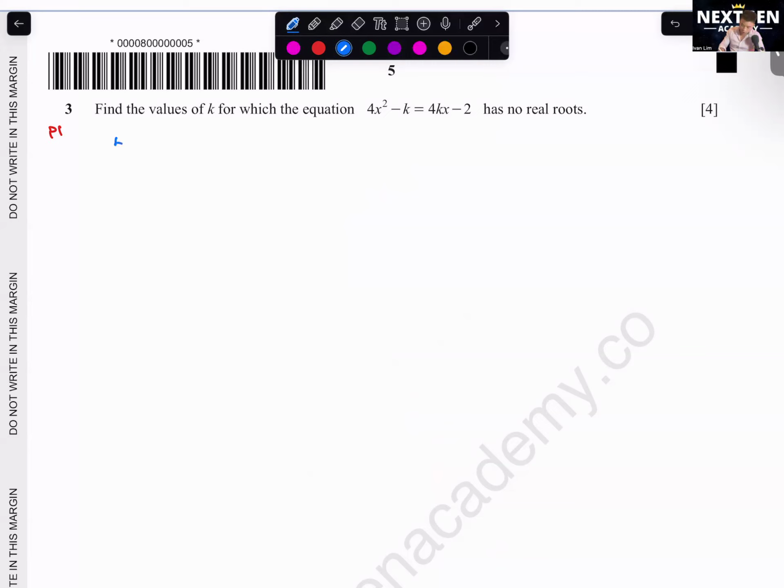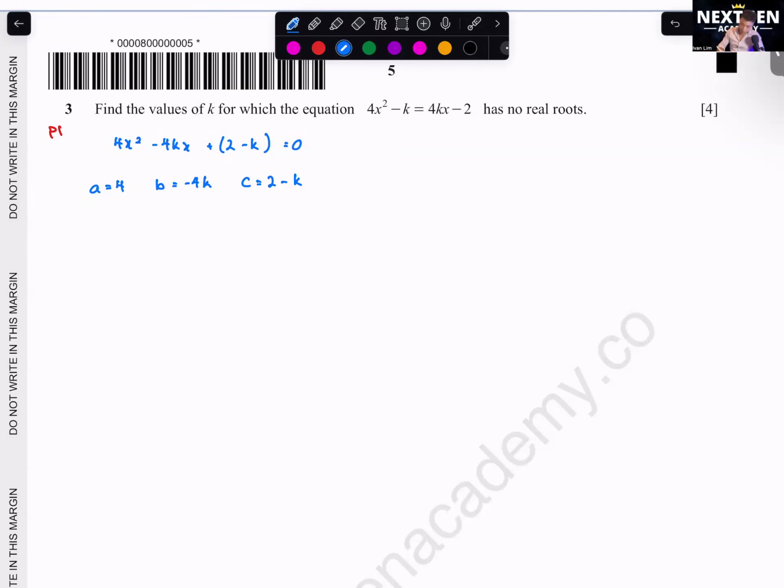So 4x squared minus 4kx, and I will put the 2 first, plus 2 minus k. So we've got a, b, and c here: a is 4, b is negative 4k, c is 2 minus k.